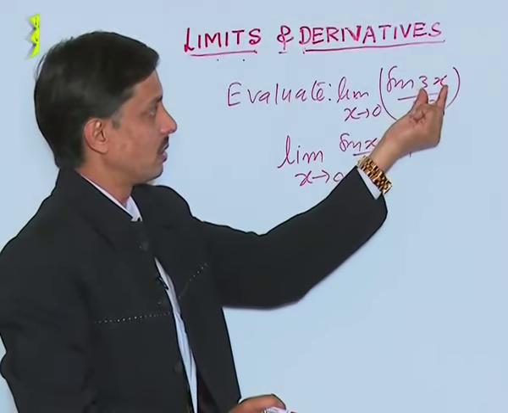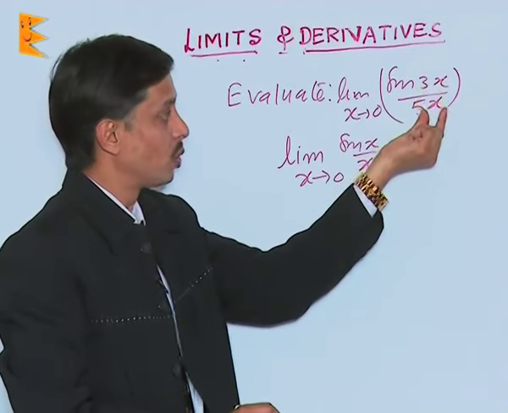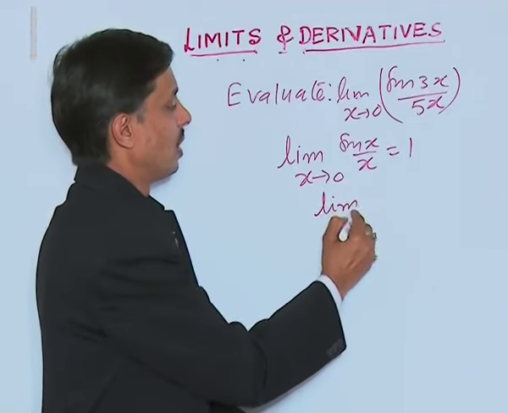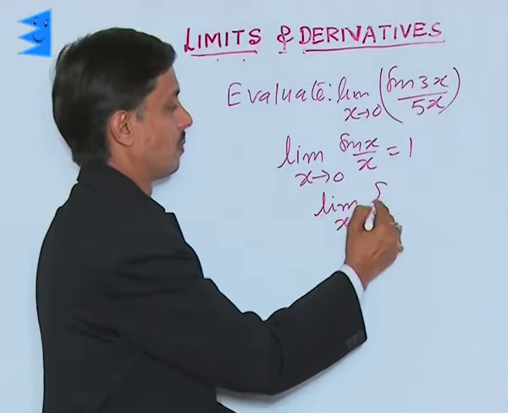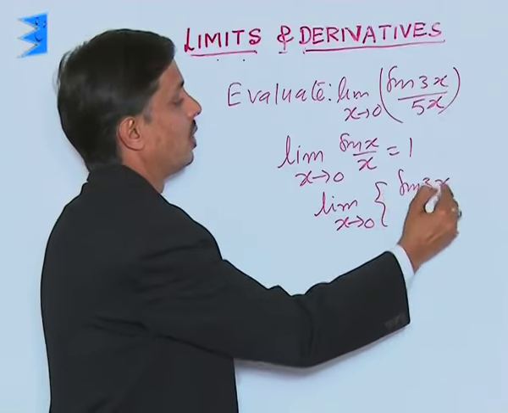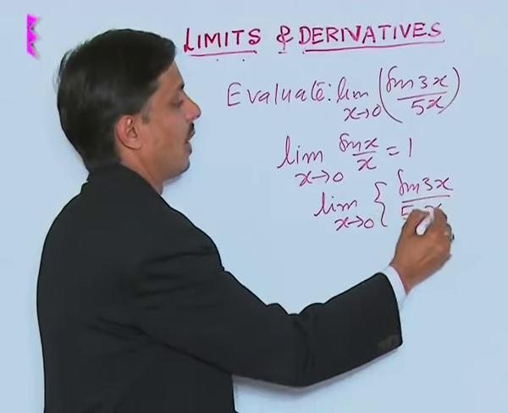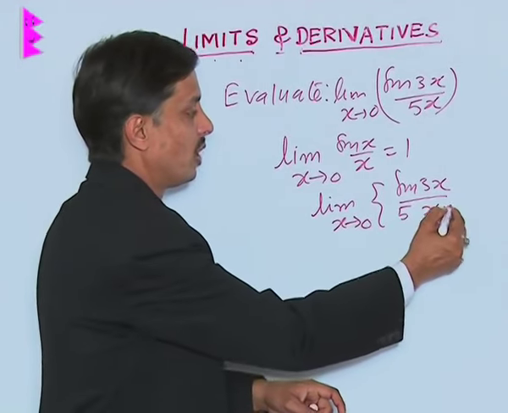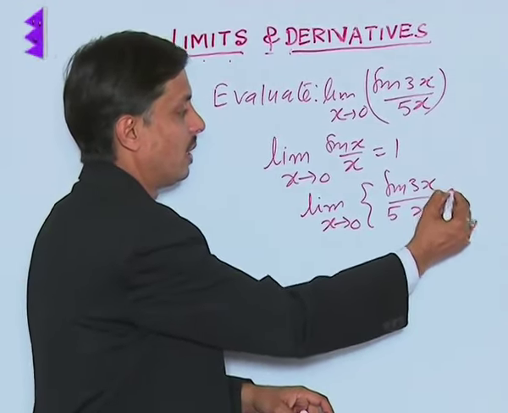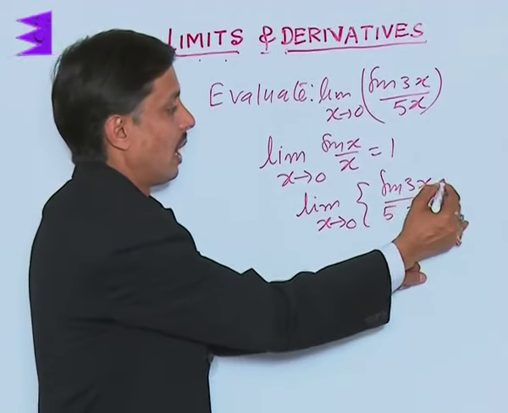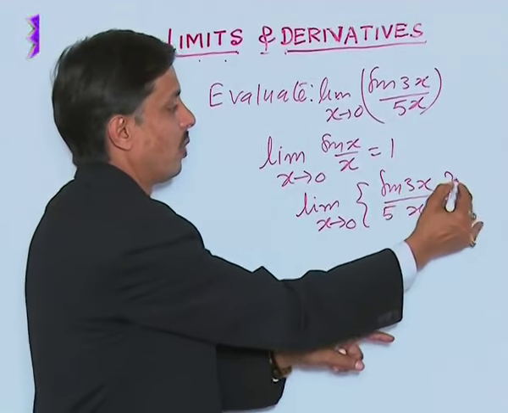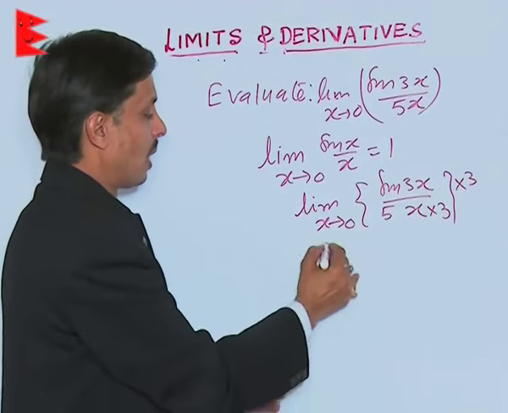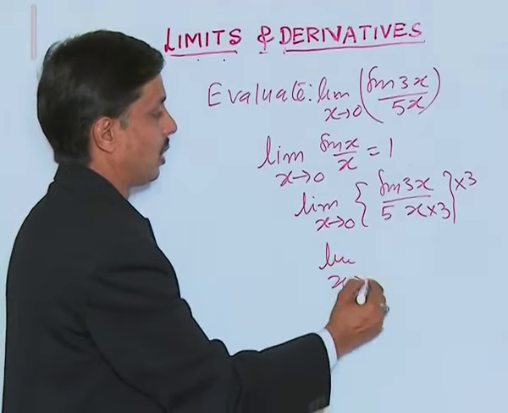So as sin 3x is here, what do we need in the denominator? 3x. We need to make this 3x, so we multiply the denominator by 3, and to maintain equality, we have to multiply the numerator by 3 also.